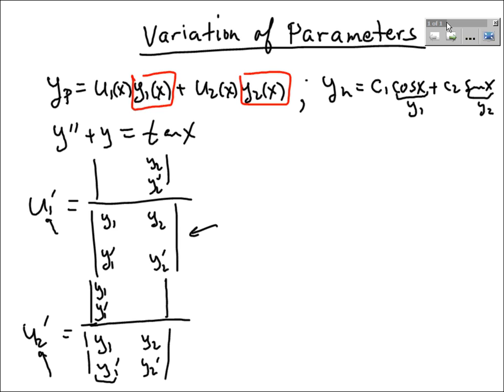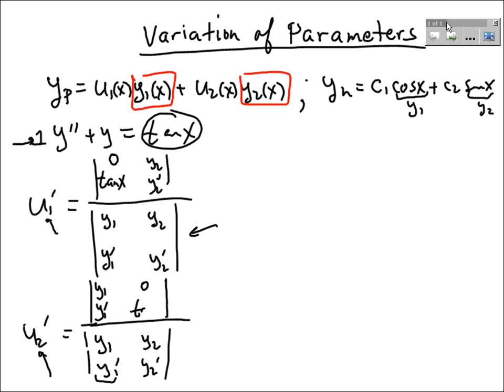First of all, I should say, we should have a 1 here, and we do. If we had a 3, we should divide everything by 3. What goes in that missing column is 0, tan x.